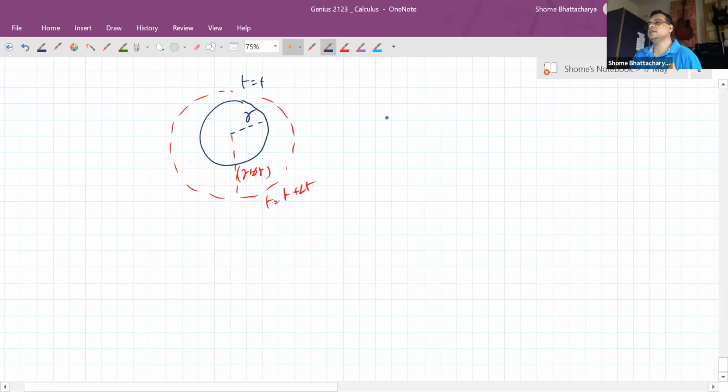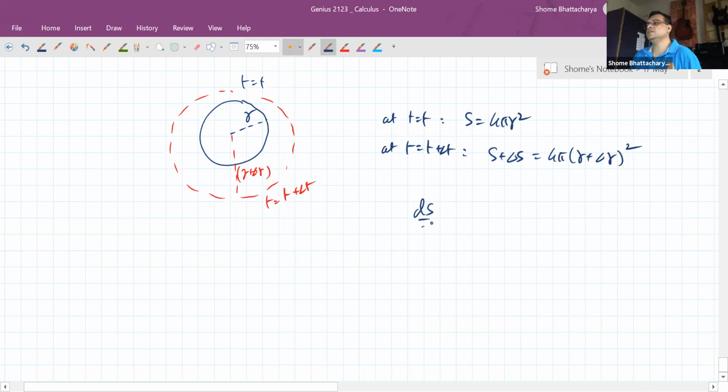So at t equal to t, my surface area was 4 pi r square. At t plus delta t, my surface area became s plus delta s, which is 4 pi r plus delta r whole square.